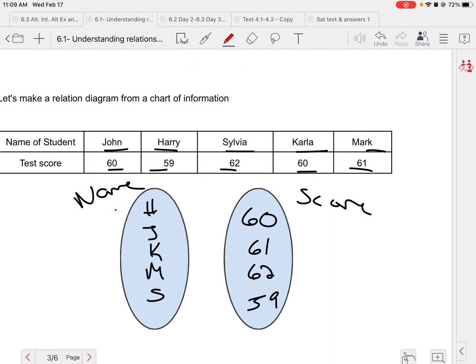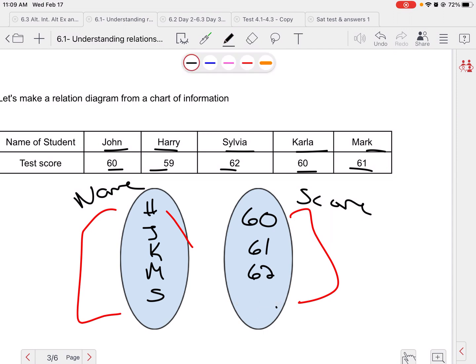So there should be no repeats in here, okay? Now, if there were 2 different Harrys in the class, we would want to repeat those, but everything else should not be repeated. So Harry got a 59. So he's going to go across here.